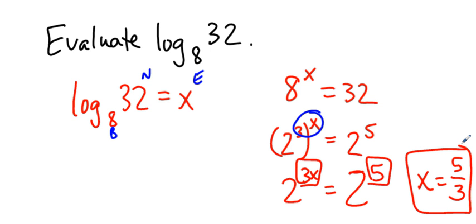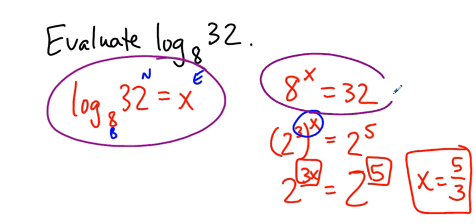But the key here is to be able to convert between this and this. If you can make that conversion back and forth, you will stand a much better chance of solving log problems correctly. Log of 32 base 8 boils down to an exponential equation.